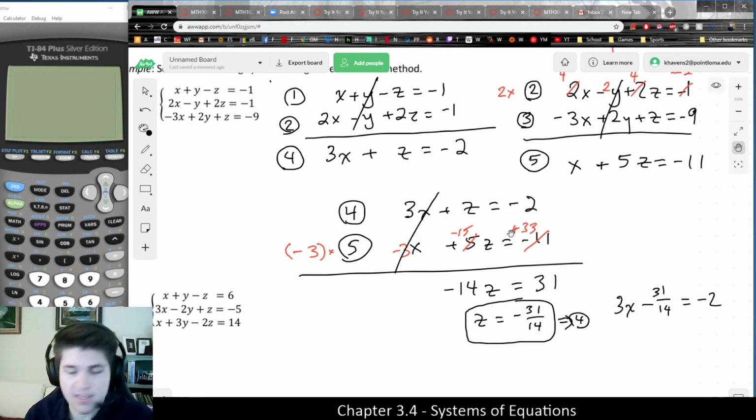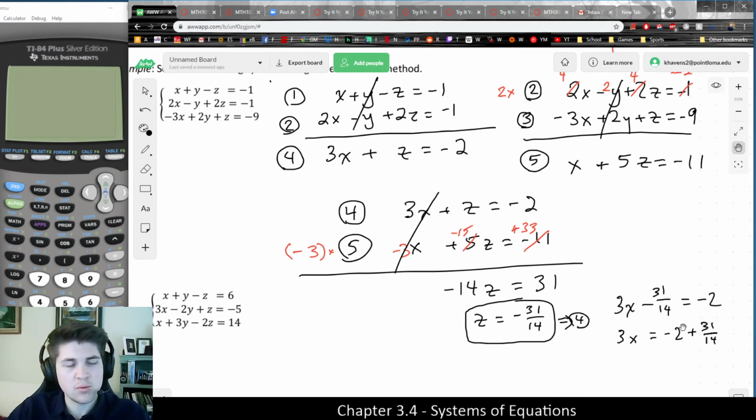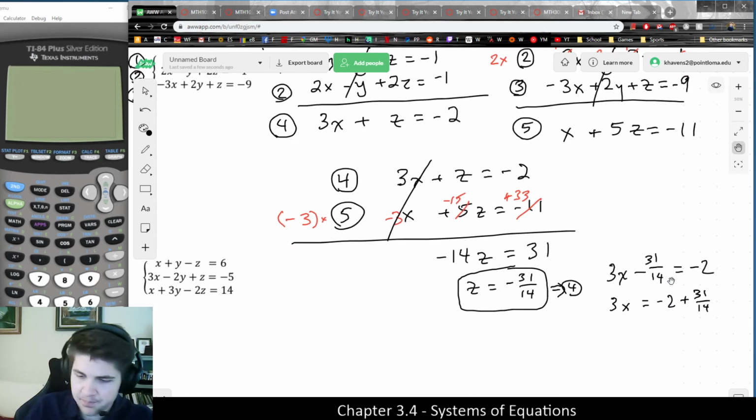And I could find x by adding 31 over 14 to both sides. So -2 plus 31 over 14. And -2 would be, if I match the denominator, 28 over 14. So 31 minus 28 is 3 over 14.